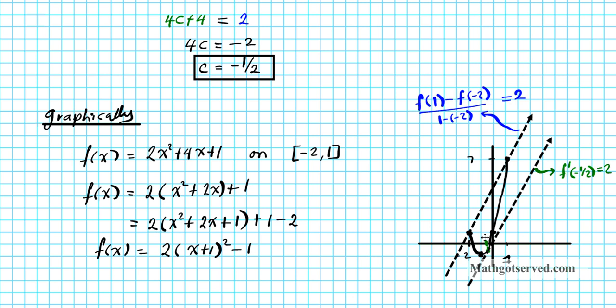So the slope of the tangent line, this is the tangent line, is equal to the slope of the secant line of the endpoints of the function. Okay, so that's basically what the mean value theorem is saying, and this graphical representation just shows you an additional way of looking at it. All right, so there you have it.